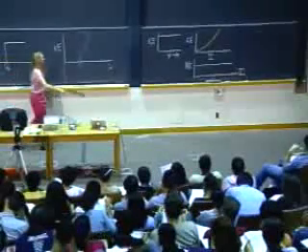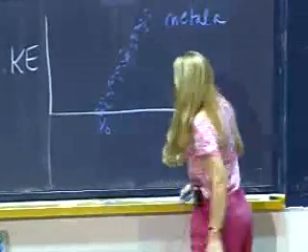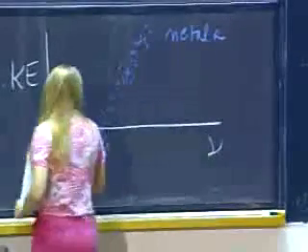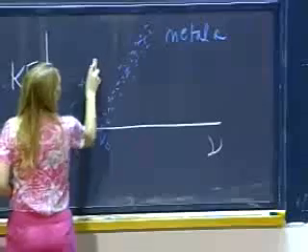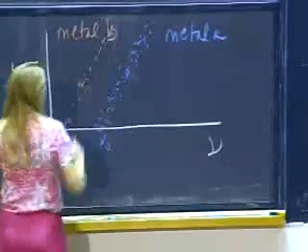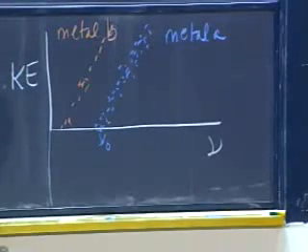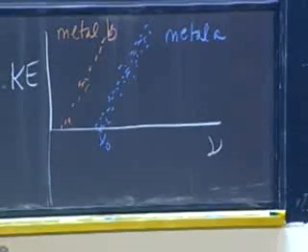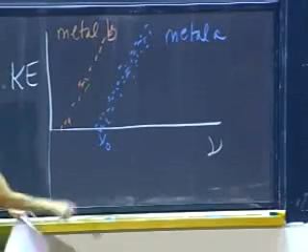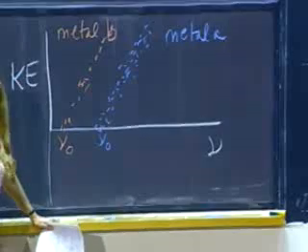So here's some data for metal A, for example. And here's some data for metal B. And in both cases, it certainly looked like the kinetic energy was linearly dependent on the frequency of the radiation. But what was different for the two different metals was the threshold frequency here, nu naught.